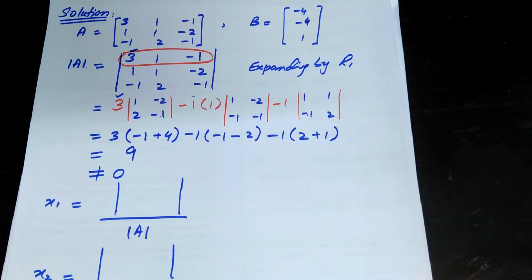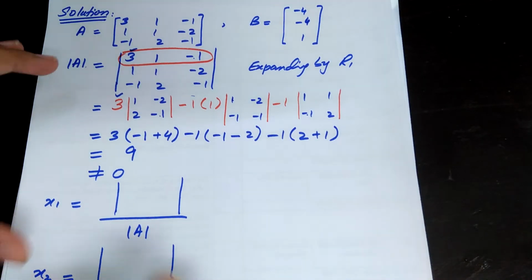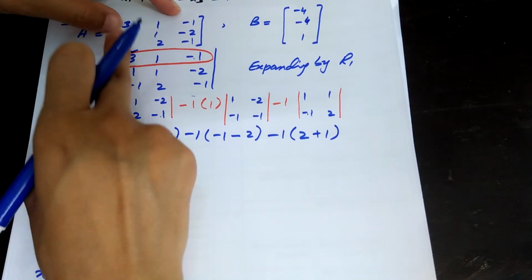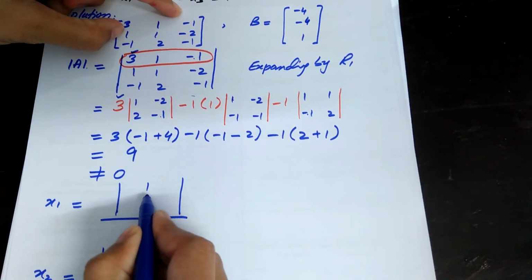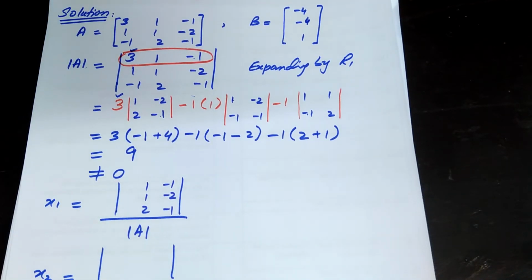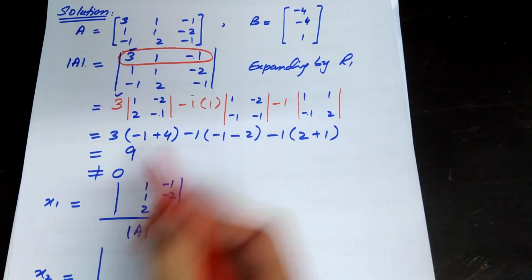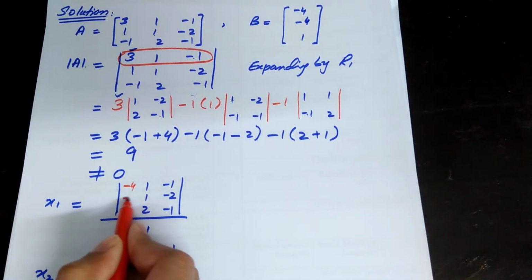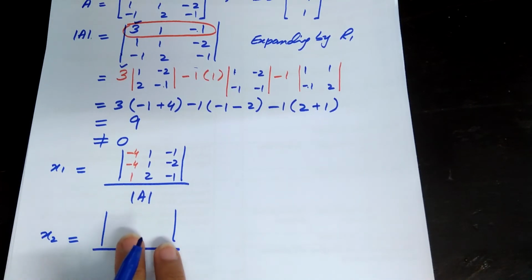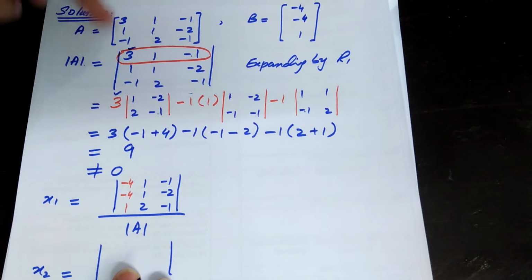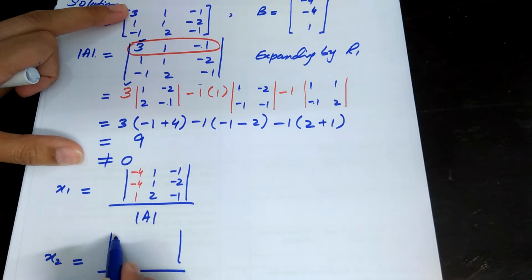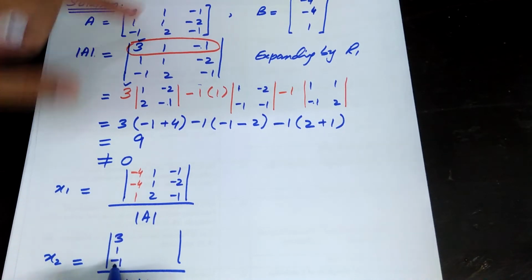How will you do it? For x1, write your complete matrix A as it is, just leave your first column and write the rest of the columns as it is, like this. Now what will be my first column here? My first column here will be my b value, like this. Now for x2, write the complete matrix A but leave your second column empty and write the rest of the columns as it is.